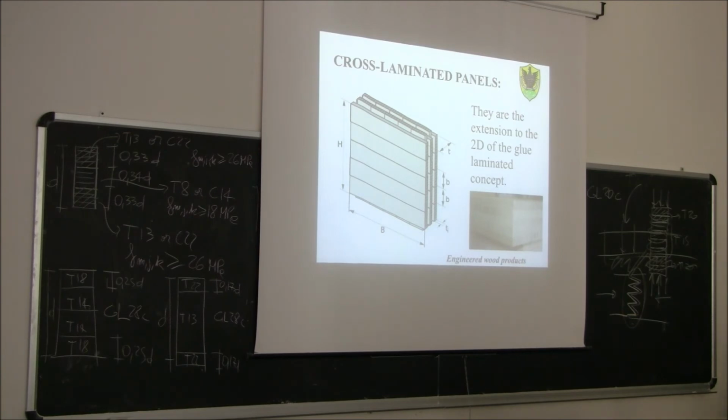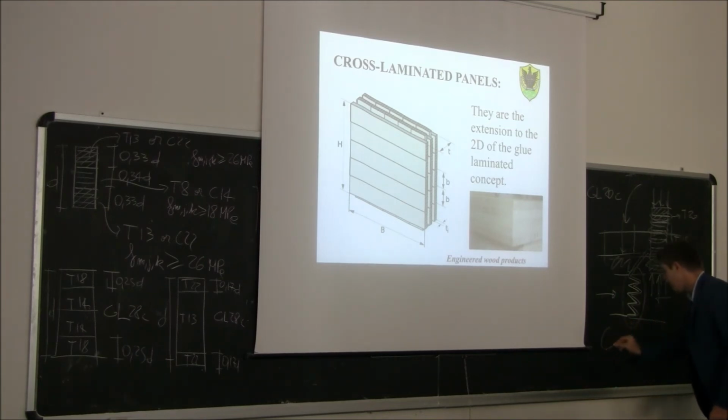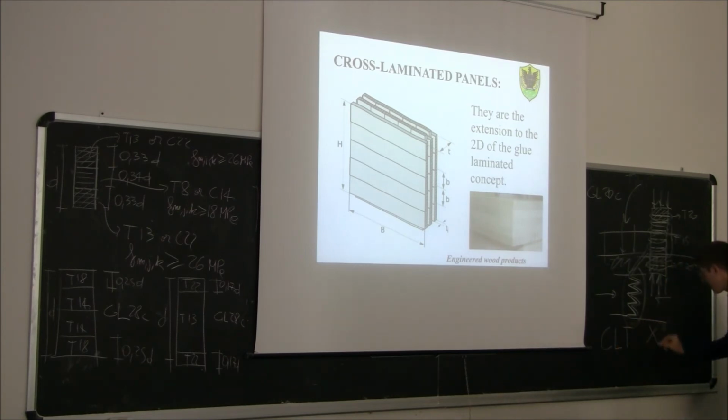The next product is called cross-laminated panels. Cross-laminated panel, as I said before, is usually abbreviated as CLT or sometimes XLAM. Both are abbreviations of the same material, cross-laminated timber, or in Italian we say legno lamellare incrociato.